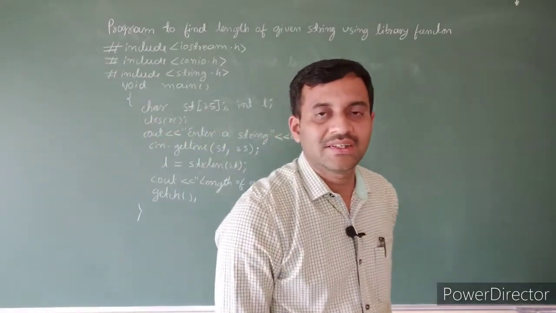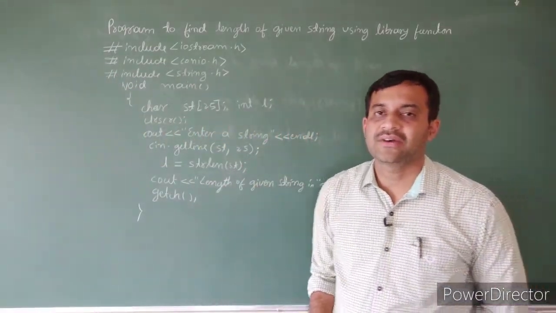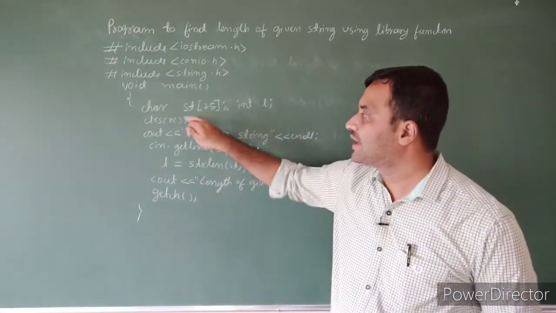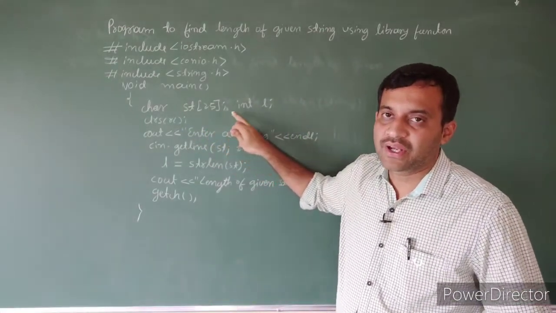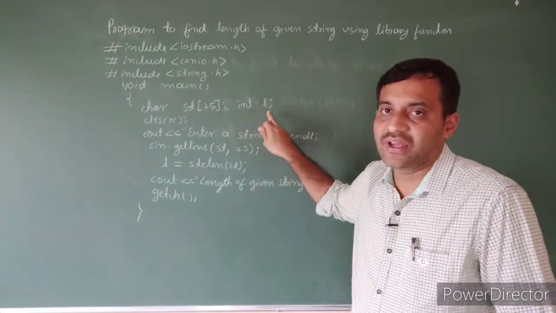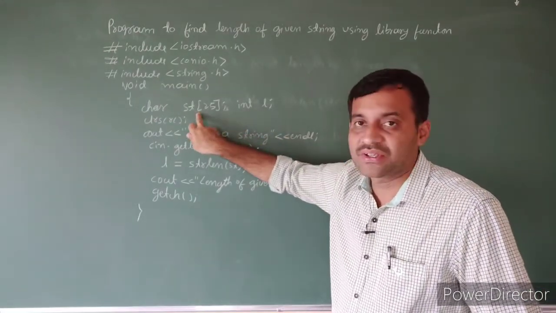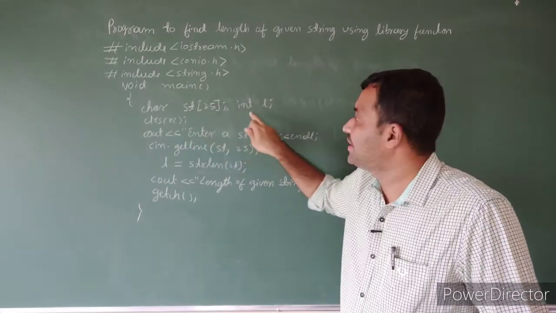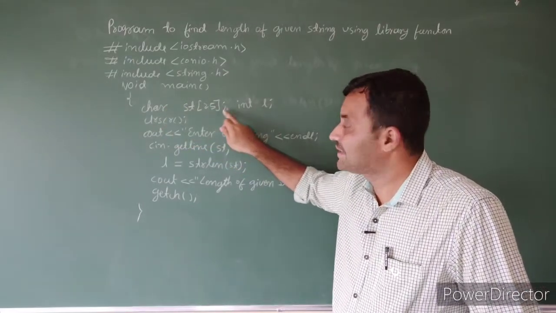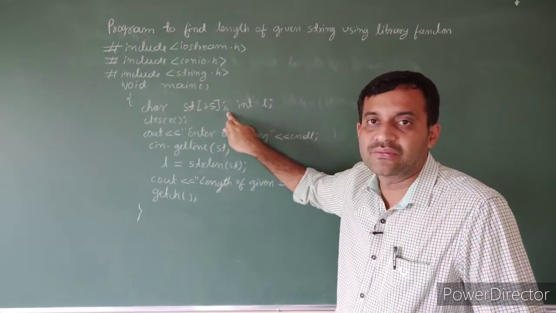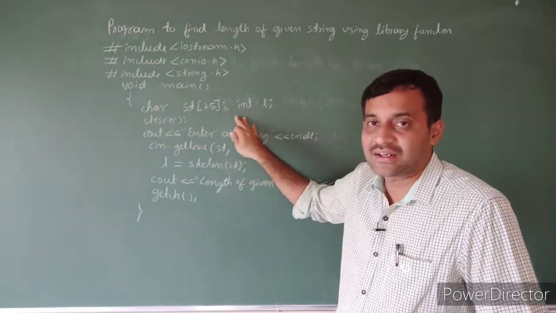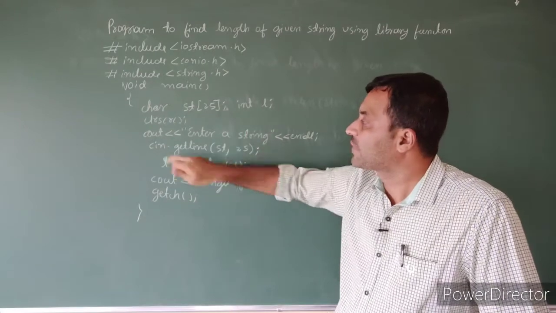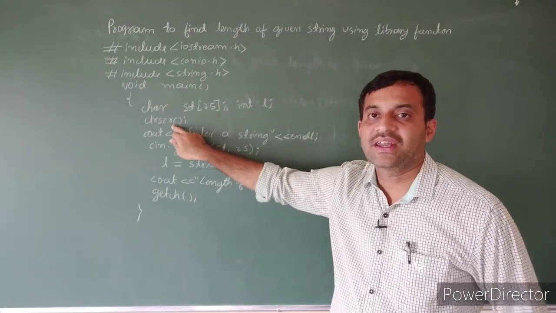It is a simple program to find the length of a given string. First, declare a character array. It needs an additional variable of the type integer, hence declare integer L. First one is of the type character, then the second one is of the type integer. There is a semicolon. First we complete the declaration of the character type, then we declare the integer type variable. Clrscr function to clear the screen.